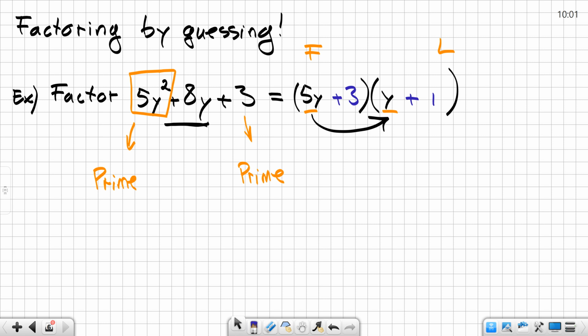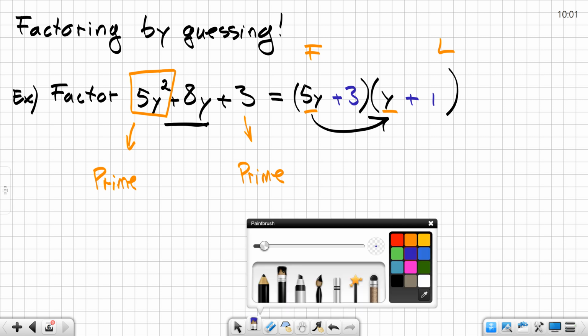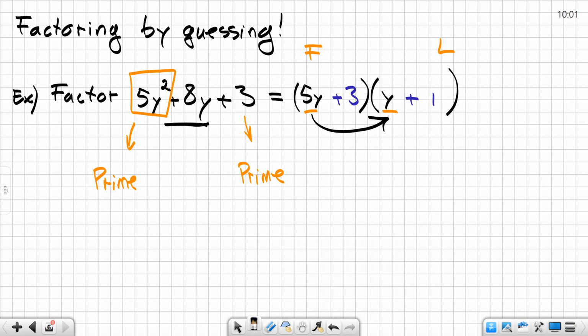If I just leave it like this right now, I will have to multiply this out to see whether I did this right. Let's do this. The product of the first, 5y times y, is 5y squared. The product of the last is +3. That we knew.